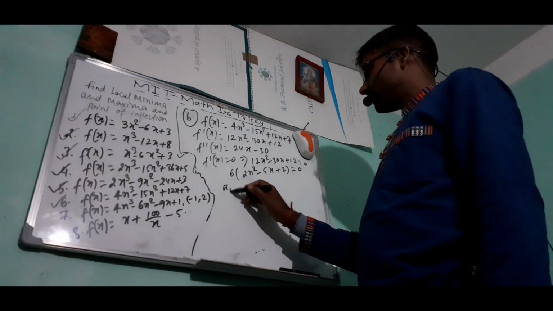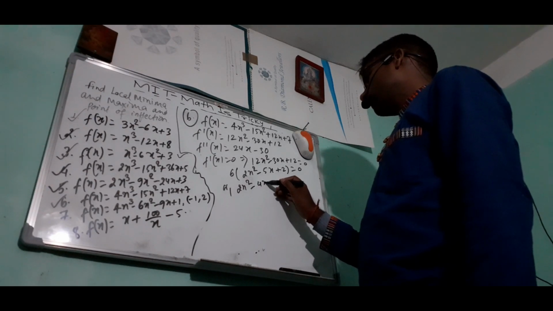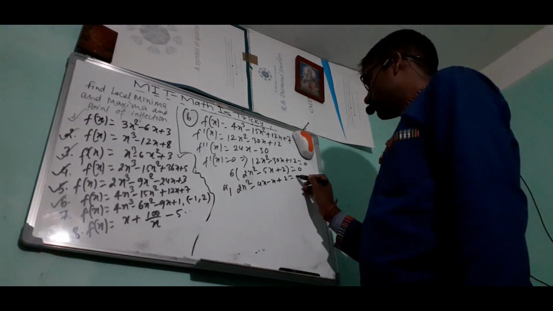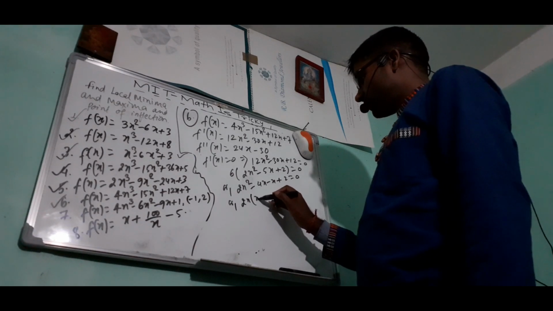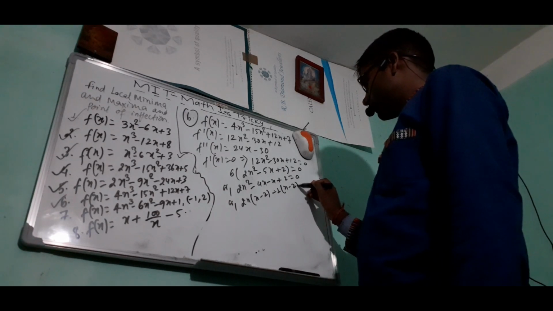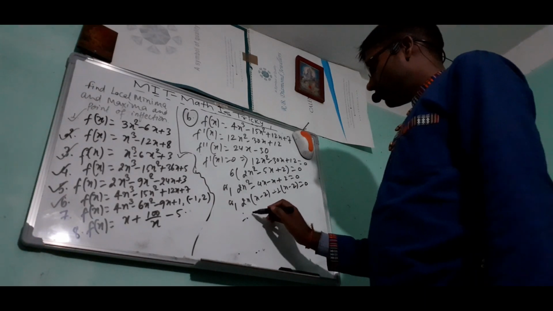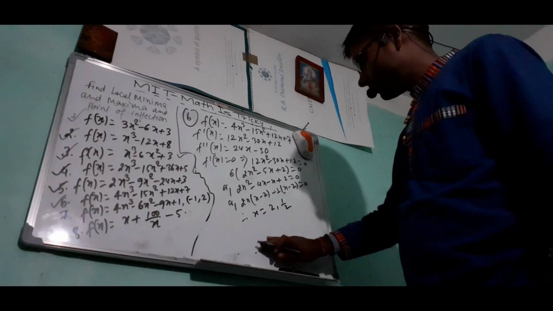If we factorize this, 2x squared minus 4x minus x plus 2 equals 0. So we get 2x common, x minus 2, minus 1 common, x minus 2 equals 0. Therefore the value of x will be 2 and 1 by 2.